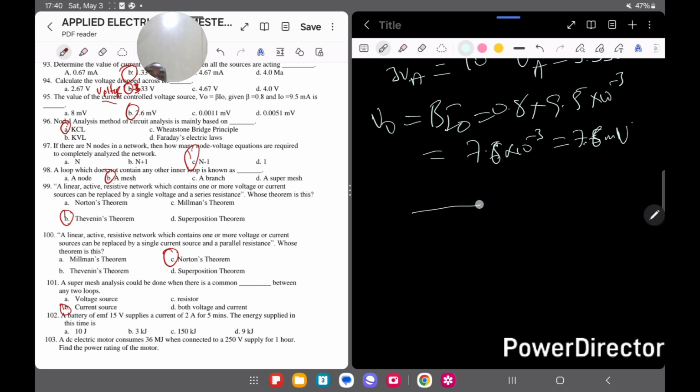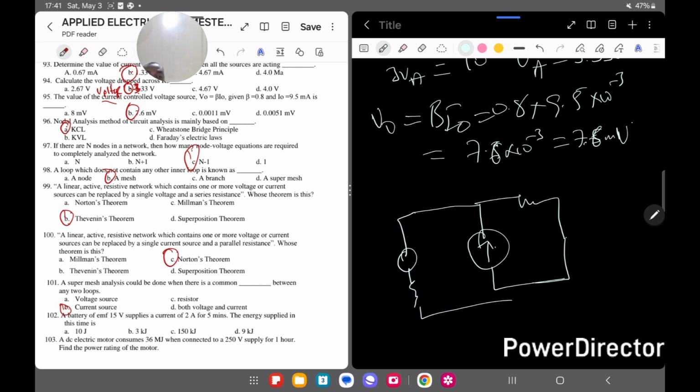For example, if I have a circuit diagram like this, let's say I have a current source here, a resistor, then maybe a voltage source and a resistor here. So this is a current source, let's say IS.